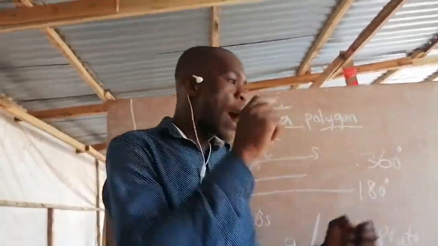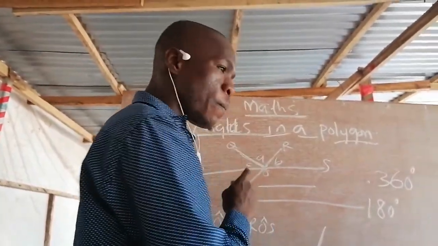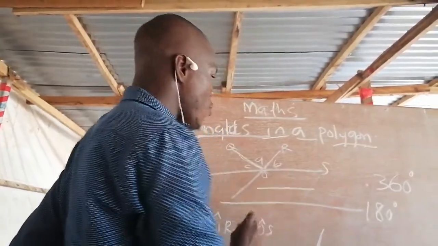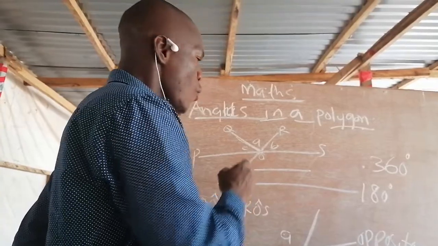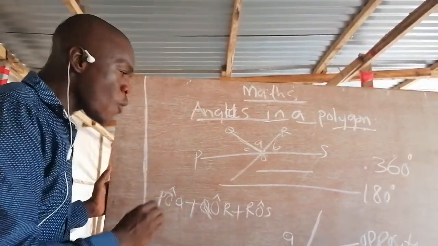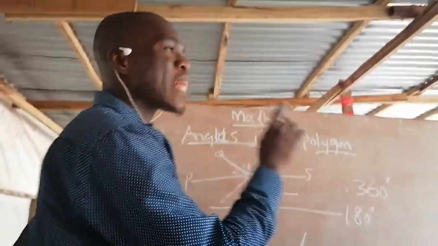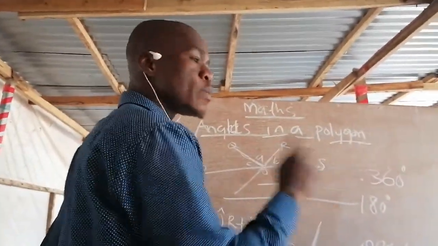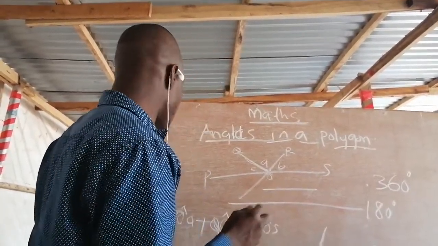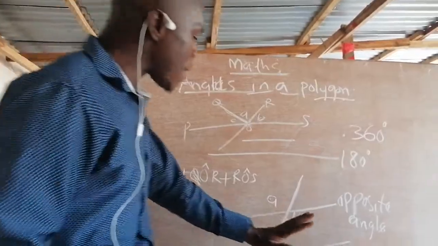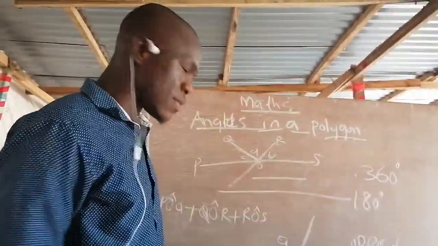You must understand that when you have an angle in a polygon, it shows quadrilateral, triangle, isosceles triangle, and I told you yesterday that angle at a point, no matter the way you see it, will always be equal to 360 degrees. The maximum angle that you can get is to accumulate everything to 360 degrees.